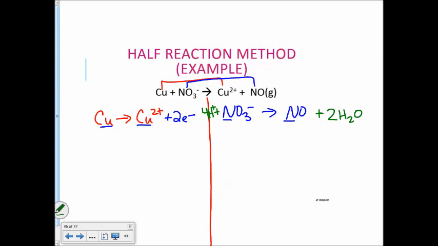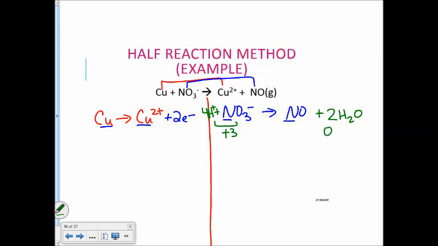Are all our elements now balanced? Nitrogen's balanced, oxygen's balanced, hydrogen's balanced. Now I need to look at balancing the electrons. So what I do is I add up the charge. On this side, I have +4, because 4 hydrogens, right? A -1 from the nitrate. So that's a total charge of +3, right? Over here on this side, no charge on the nitrogen monoxide, no charge on the water, so its charge is 0.